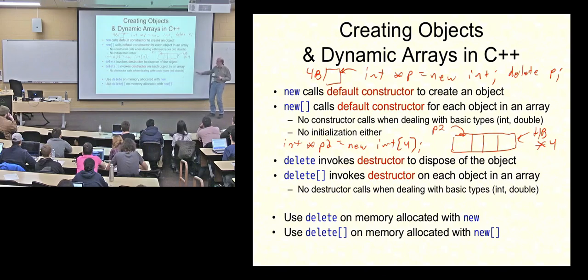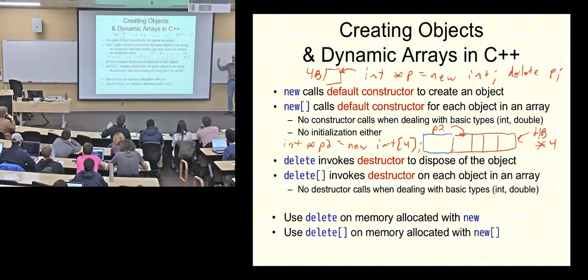That comes to a question. Why do we have two different versions of delete? Why not just let there be one version of delete and figure out the size? Well, efficiency. What actually happens behind the scenes is that new int of 4 allocates a bigger block of memory.